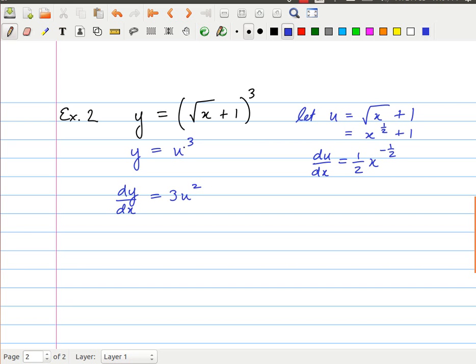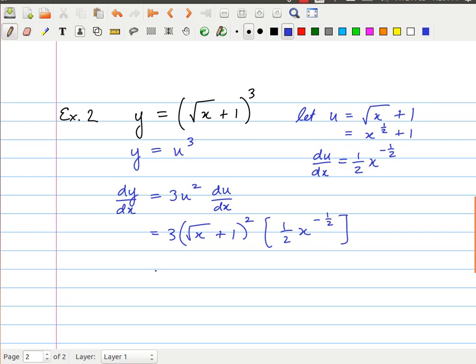But this is the derivative of y with respect to u, so we actually need to include du by dx. And so what is 3u squared? Well, we did a change of variable, so u is equal to the square root of x plus 1, all squared. And then du by dx, I'm putting at the end here, which is 1/2 x to the negative 1/2.